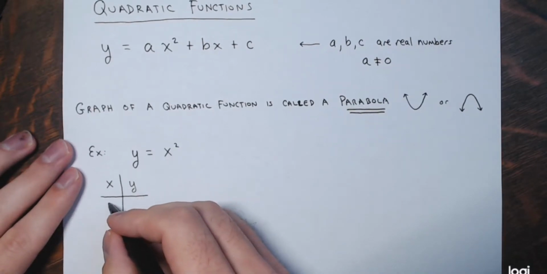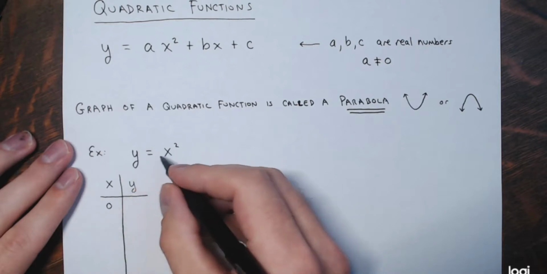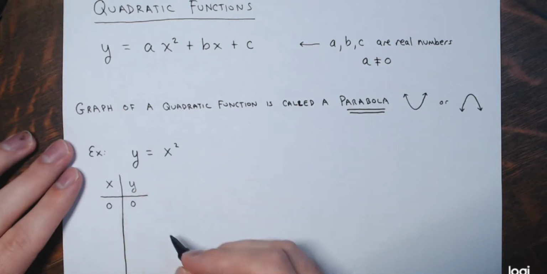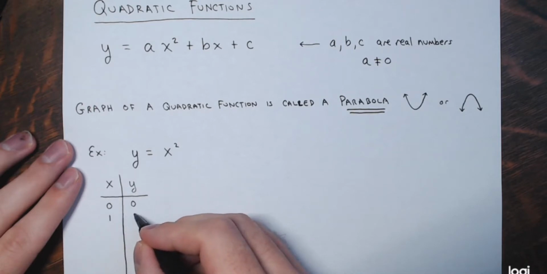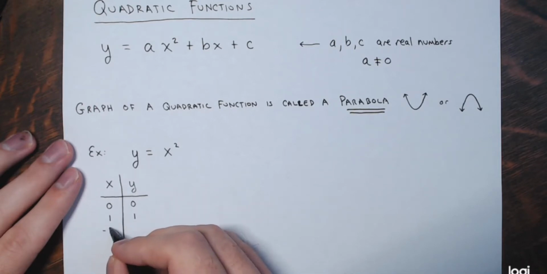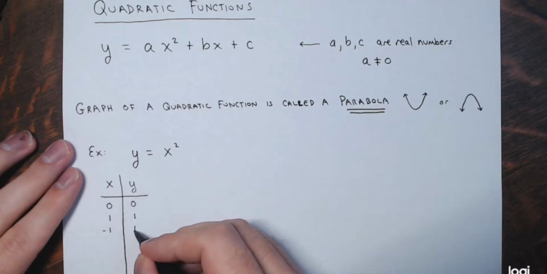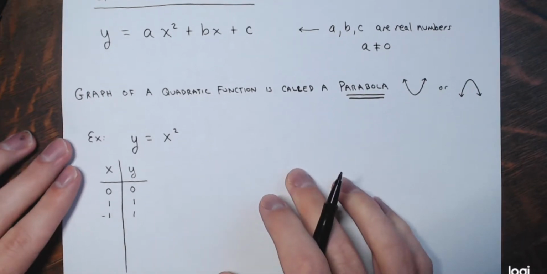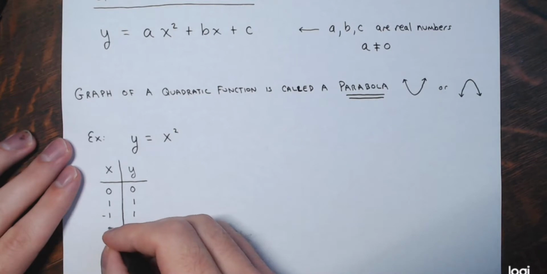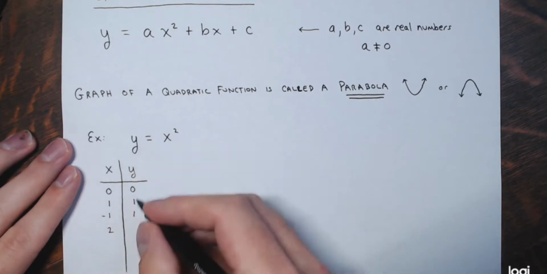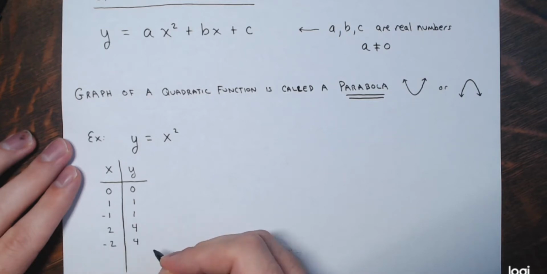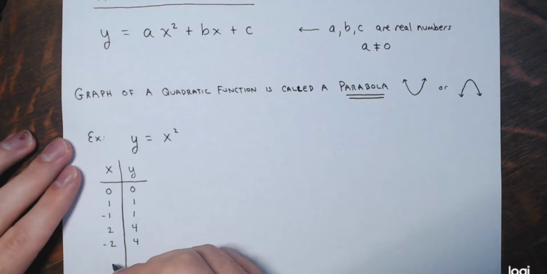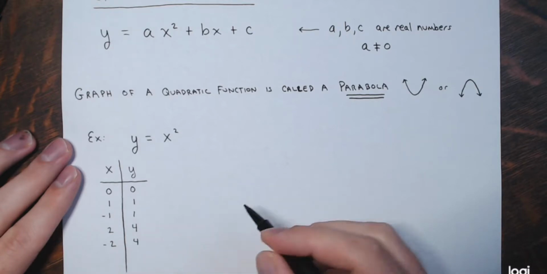Well, obviously, if x were 0, y would be 0 squared, y would also be 0. If x were 1, y would be 1. If x were negative 1, y would also be 1. Negative 1 squared is positive 1. If x were 2, y would be 4, which is 2 squared. If x were negative 2, y would also be 4. Negative 2 squared is 4, and so on. 3, 9, negative 3, 9, and whatnot.